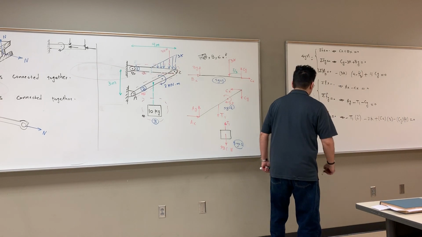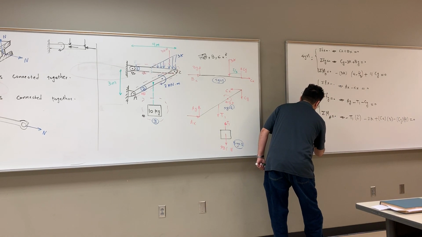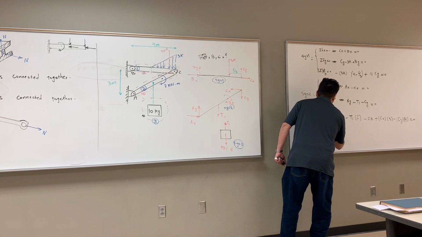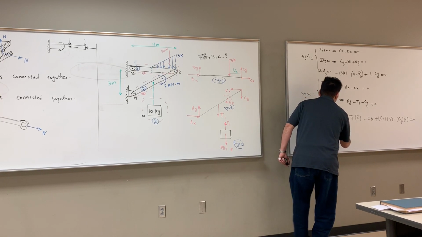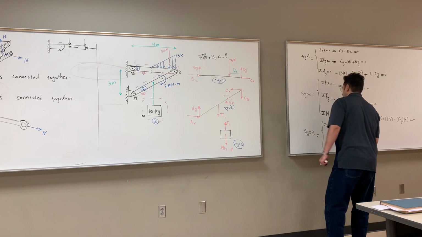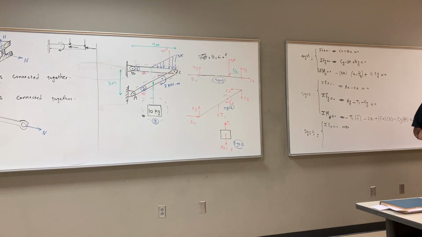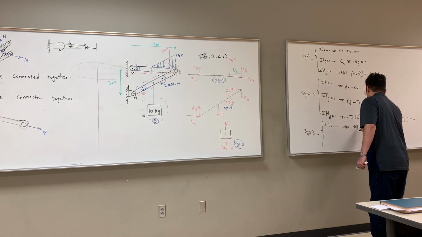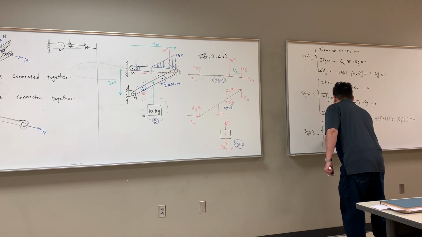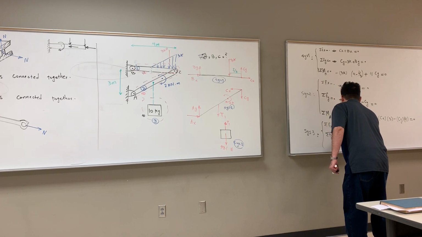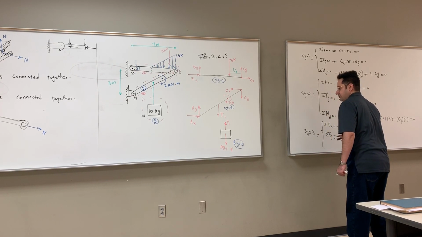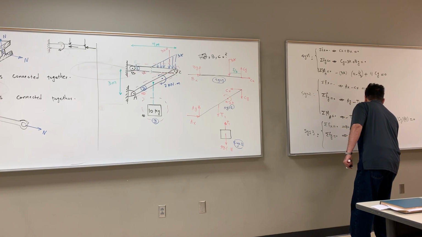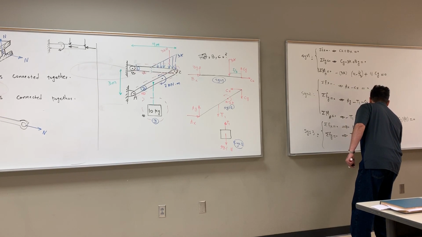Now let's go to system 3. Summation of force in the x direction, 0. This equation is the null equation, 0 is equal to 0. It's not going to help you. Summation of force in y direction is 0. That's going to give you T1 minus 98.1 is equal to 0.